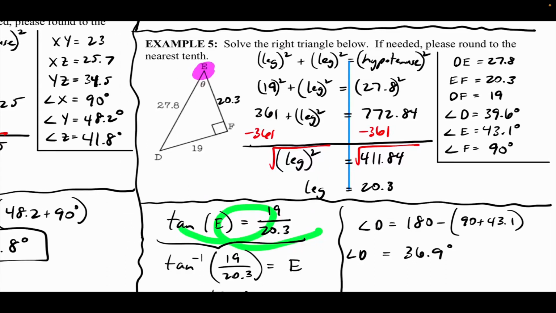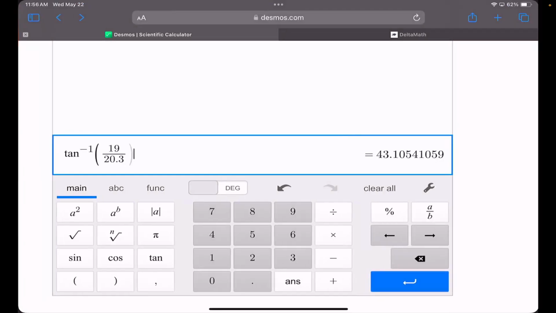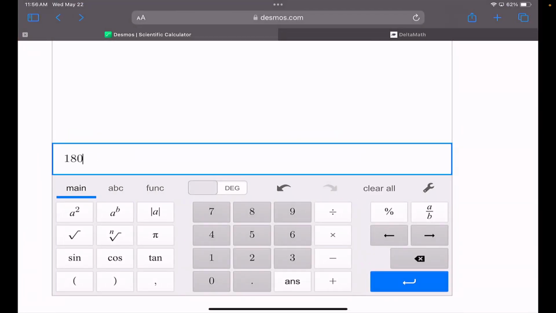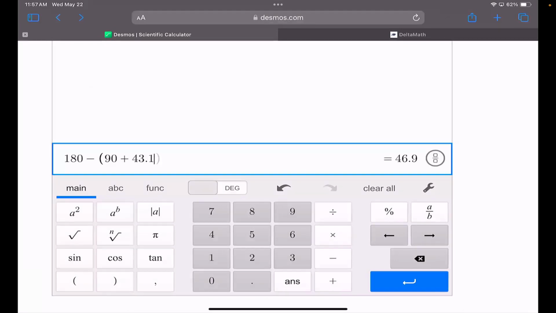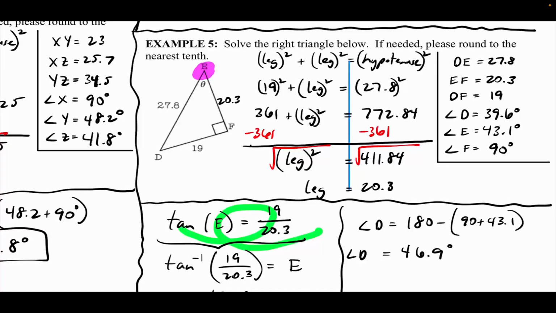I don't know if it's right because they've got to add up to 180. Easy way to check. 180 minus parentheses 43.1 plus 90. 46.9. Yep. Okay.